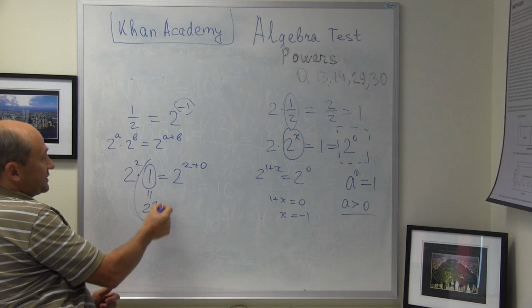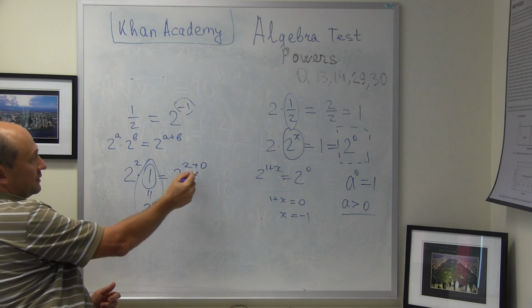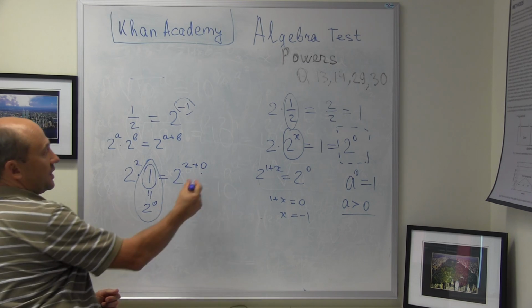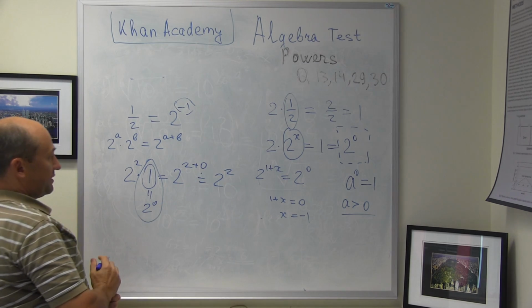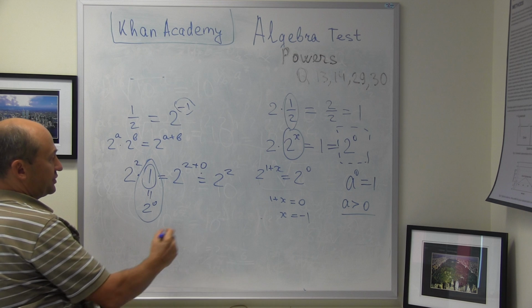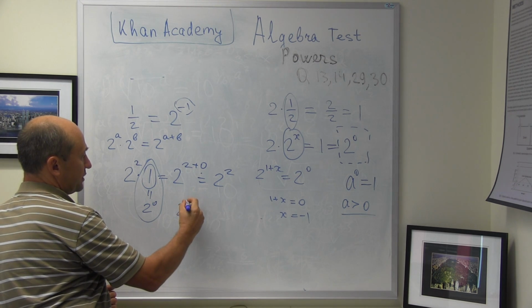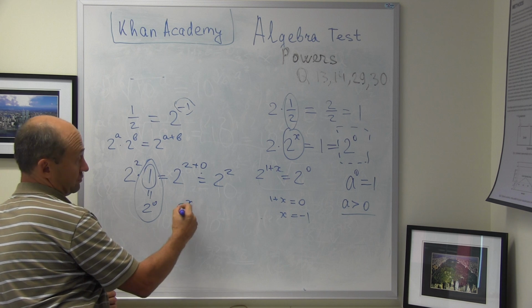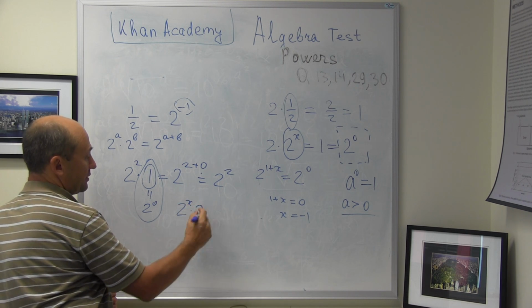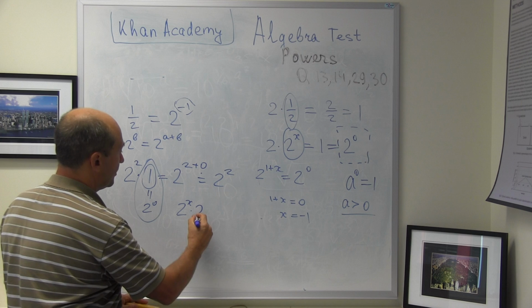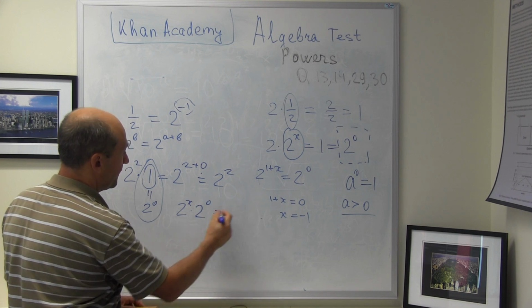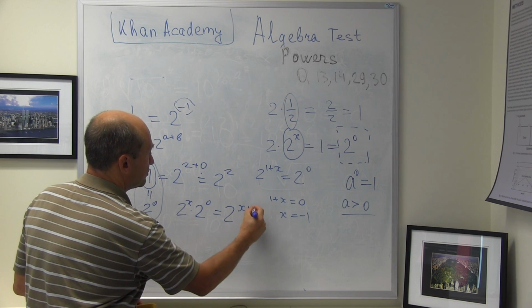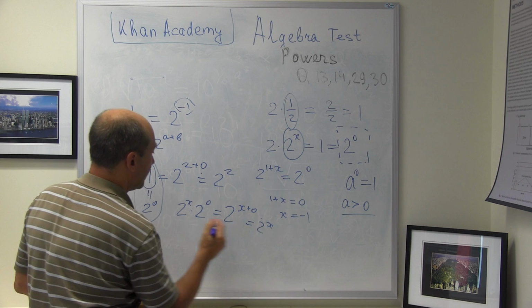So therefore this gives still the same number. When we multiply by 1, nothing changes. So in other words, taking a number to any power and multiplying it by 2 to the power of 0, we get x plus 0, which is 2 to the power of x.